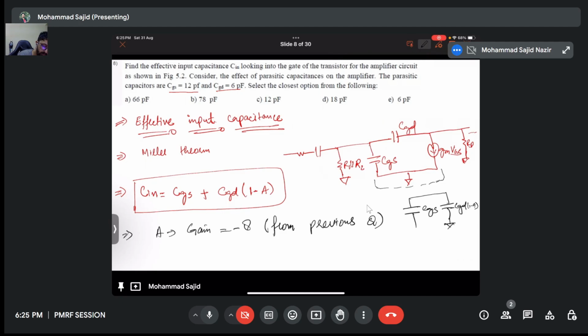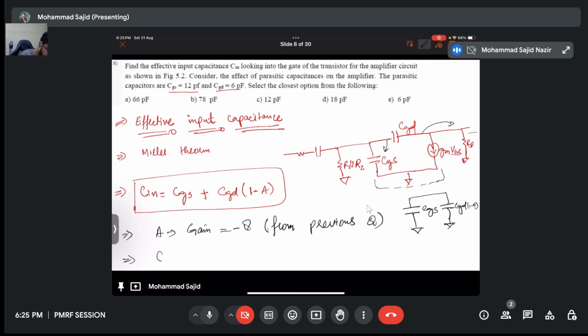So you decouple the CGD capacitance and one of the components will be at the input and one at the output. Right now we just need to calculate the input capacitance.